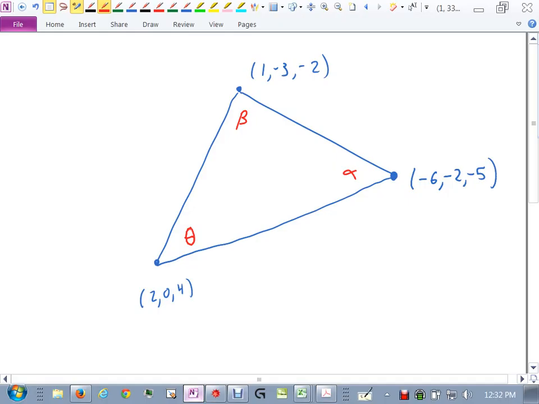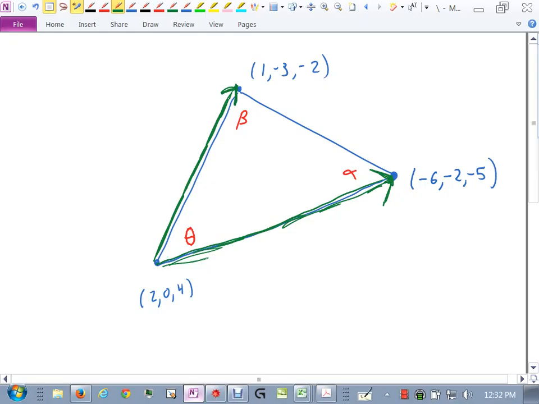Let's check theta first. So to check theta, I have to create 2 vectors. The vector that would go from 2, 0, 4 up to 1, negative 3, negative 2. And then I have to look at this vector over here that would go from 2, 0, 4 over to negative 6, negative 2, negative 5.